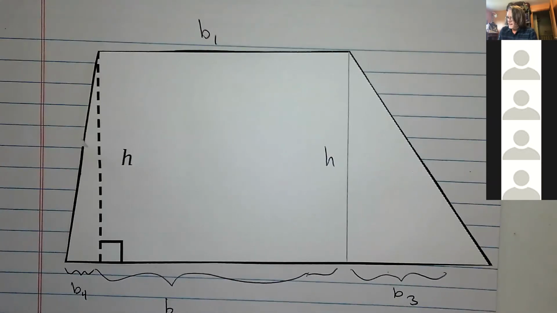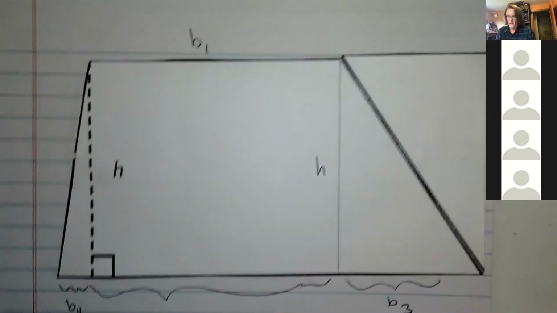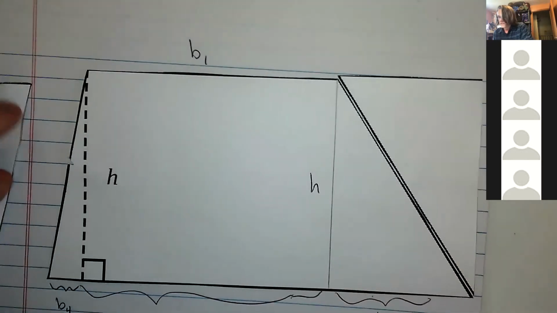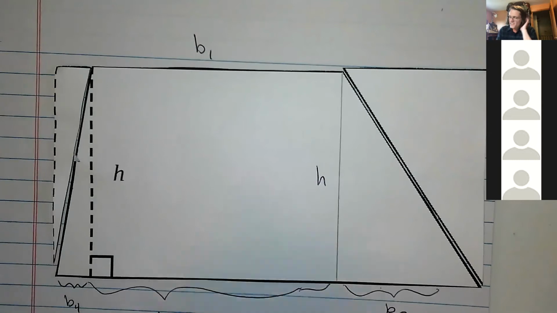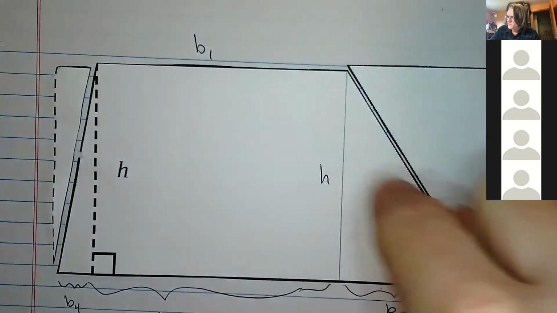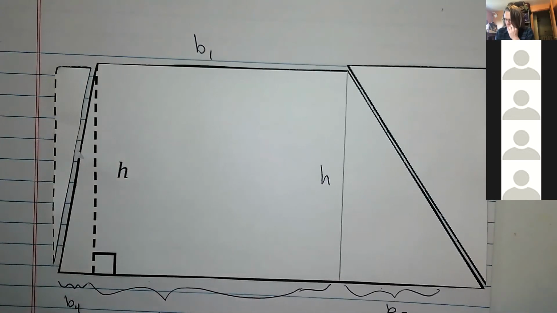The idea is that I use the same arguments, find the area of each triangle, and add them together: the triangle plus the rectangle plus the triangle gives the total area. I won't do the algebra, but you're just doing three separate areas and adding them together.